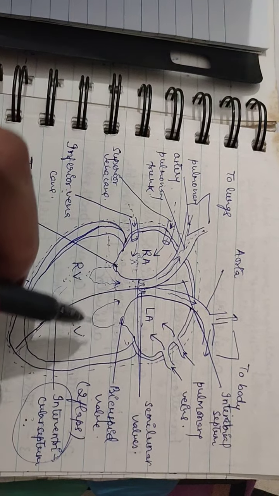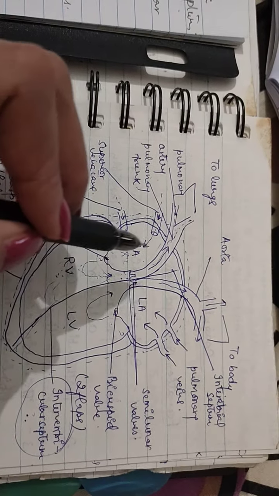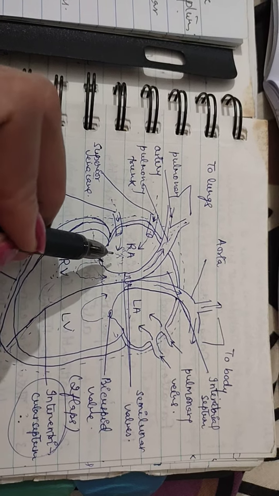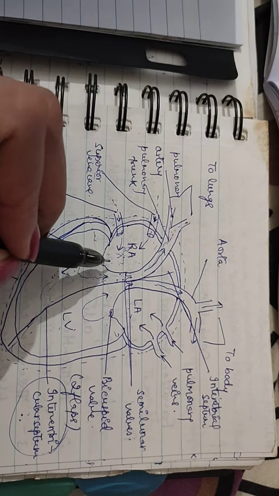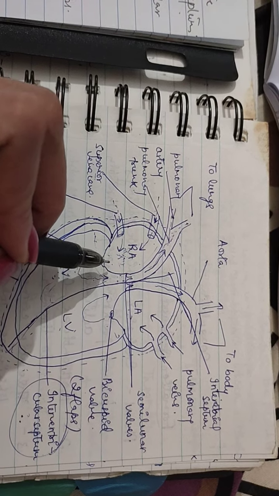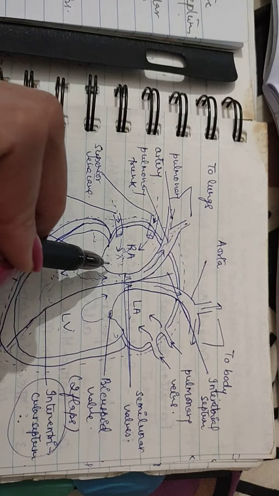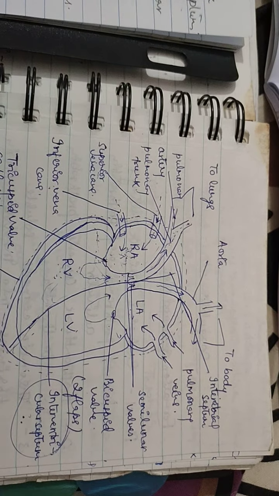There is another structure known as the SA node and AV node. I think it is not mentioned in your NCERT book, so you will study these two in class 11th.